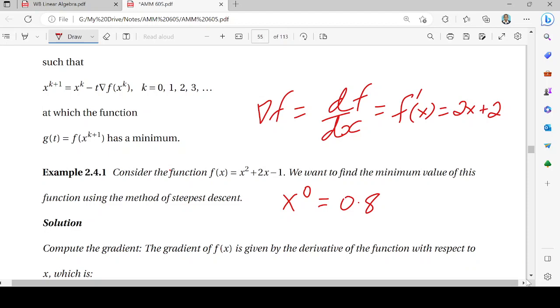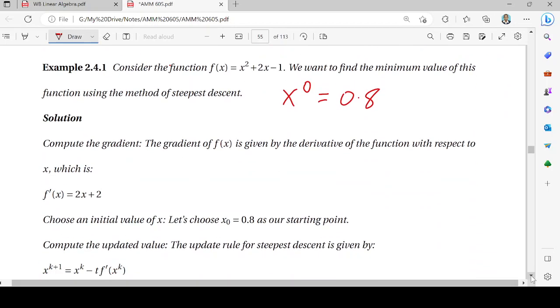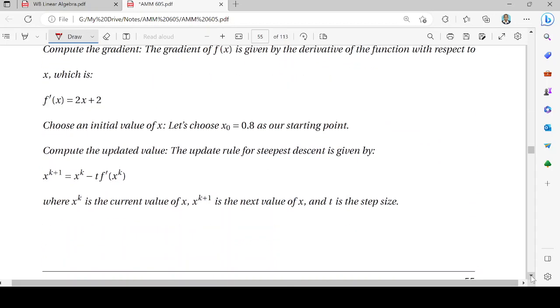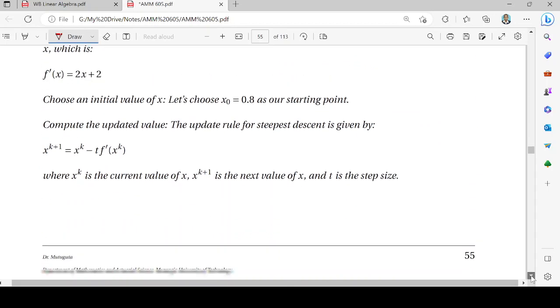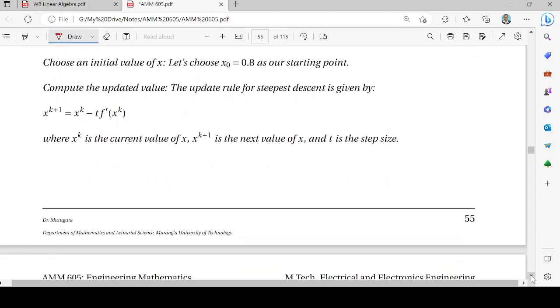Now, next is the initial approximation, which we have said we are going to use a value of 0.8. Then we construct the iterative procedure. x k plus 1 is equals to x k minus t times f prime of x k. But f prime of x is 2x plus 2.